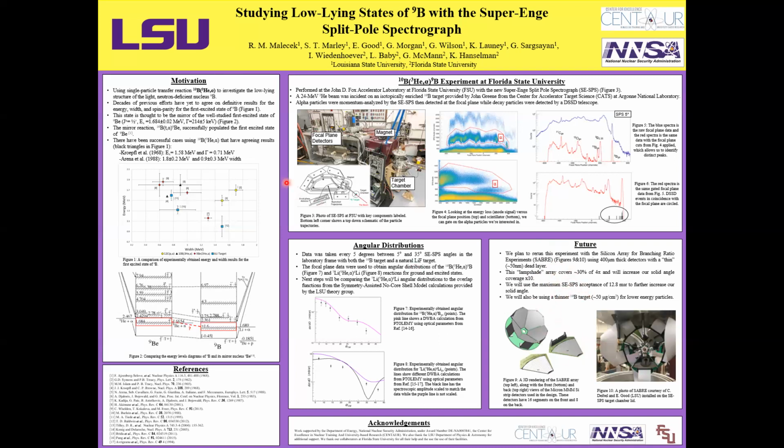We're also going to increase the acceptance of the split-pole, which will further increase our solid angle. And we're going to run the experiment with a thinner target, 50 micrograms per centimeter squared, as opposed to the 100 micrograms that we were previously using, to allow for lower energy particles. Our hope is that by implementing these changes, we'll get a better picture of the coincidence and by extension, a better picture of the low-lying structure of boron-9.